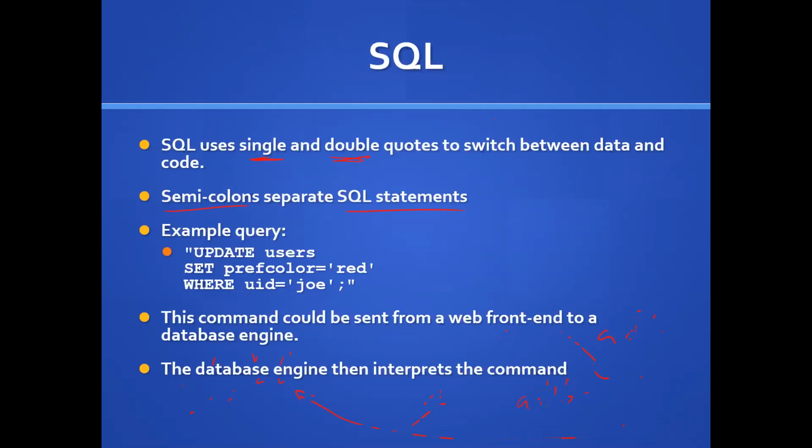In the example, the update users statement starts with a double quote, then set preference color with single quotes for the data, where UID with single quotes, a semicolon for separating statements, and then an ending double quote. Those are all the meta characters that change context from data to code.